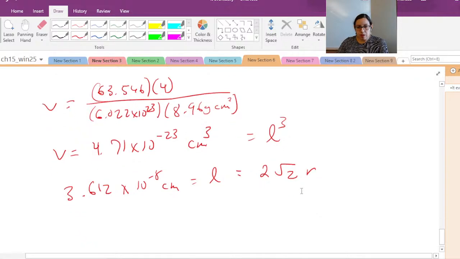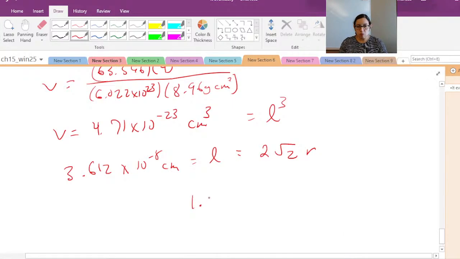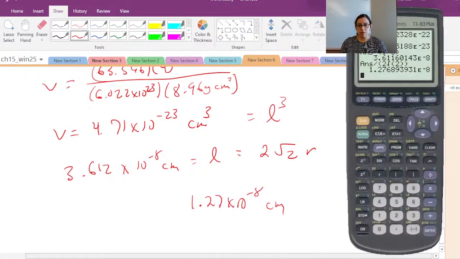So then we can just divide. So then I get this for the radius of copper. So 1.27 times 10 to the negative 8 centimeters.